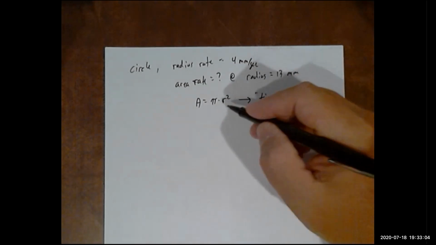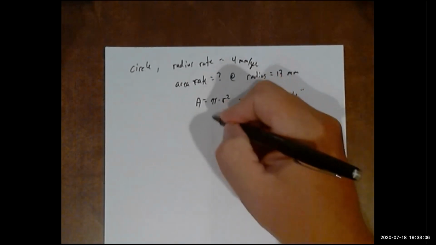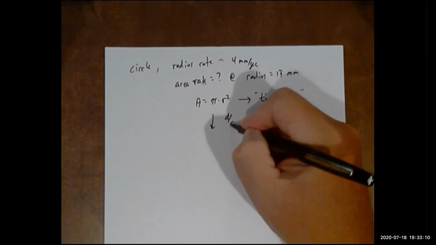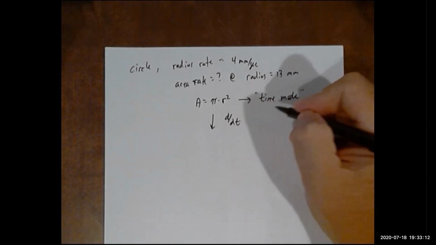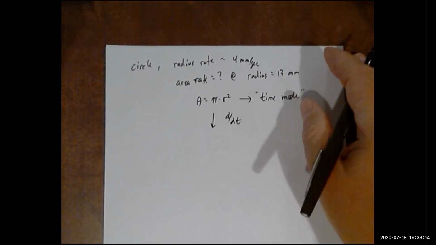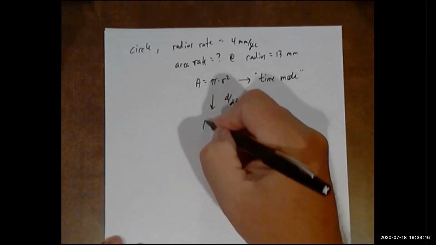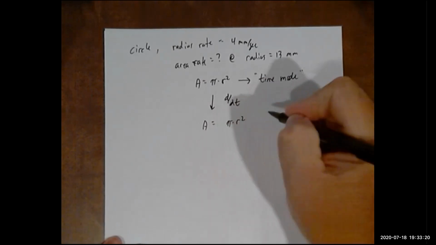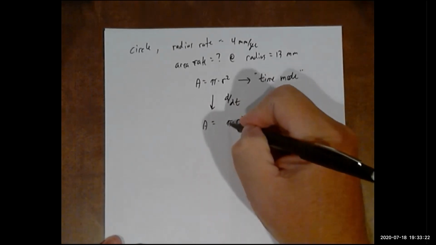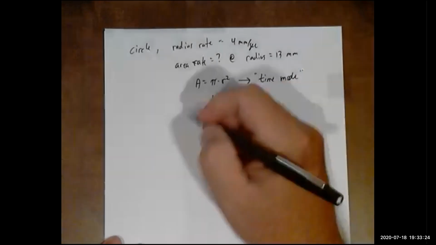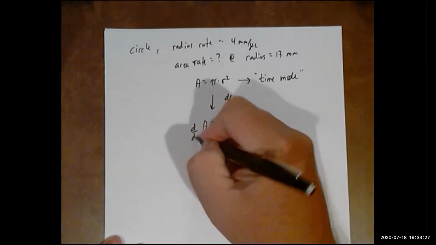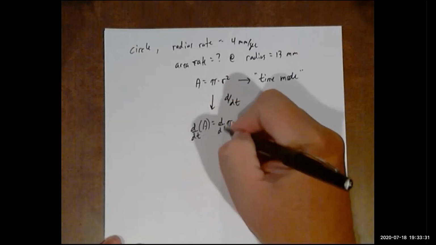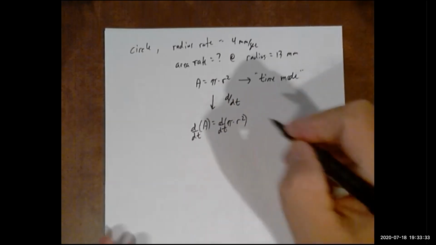So the way you take this and put it in the time mode, you take the derivative of both sides of the equation with respect to time. Now, pi is a number, but A and r are variables. So I'm taking the derivative of both sides with respect to time.